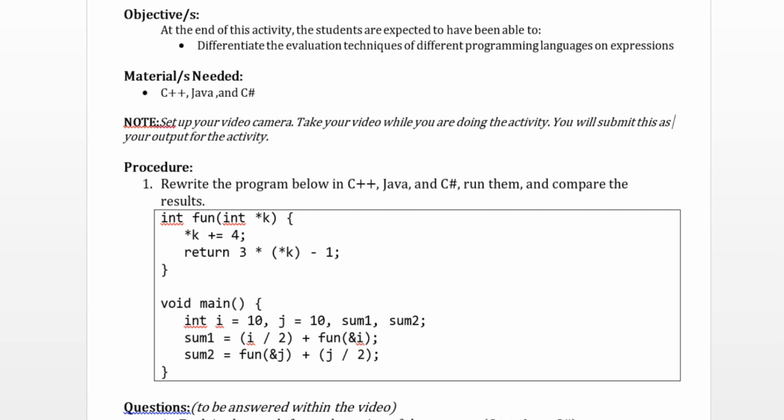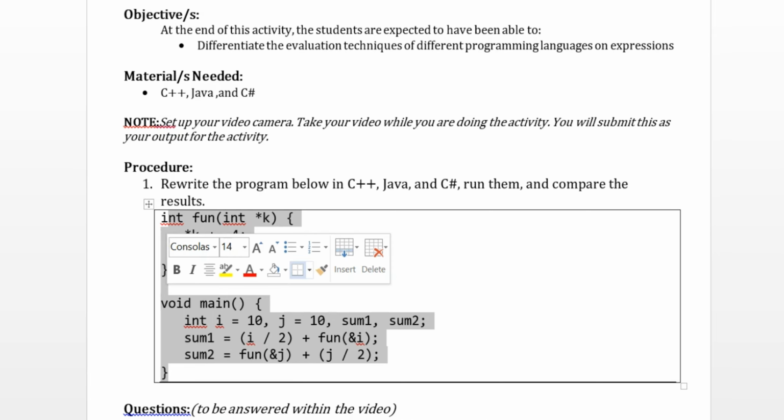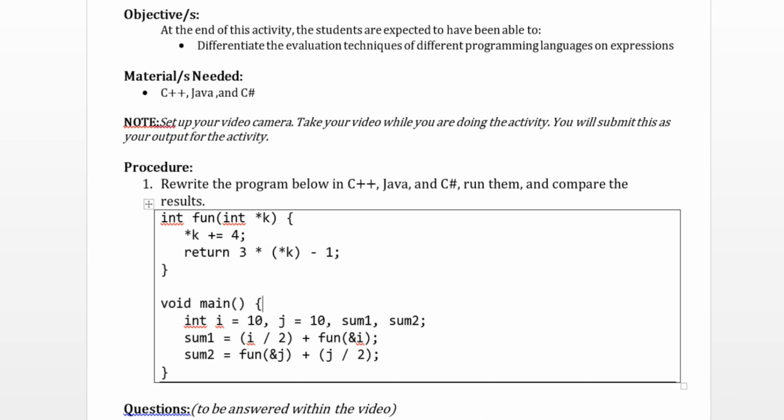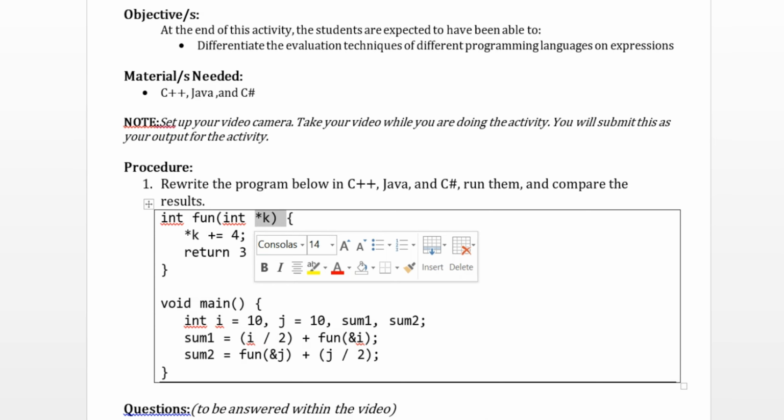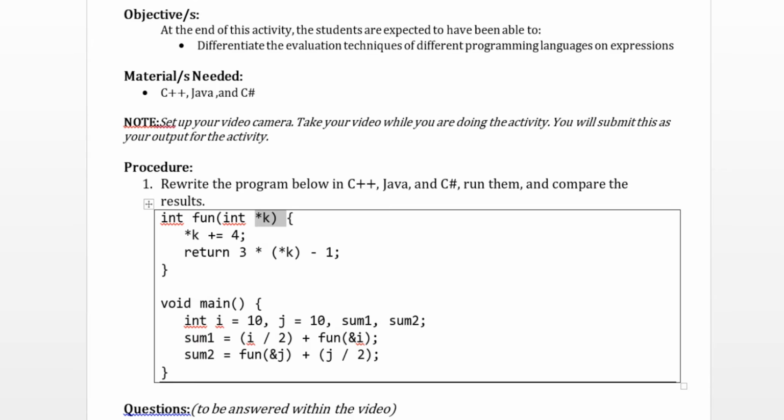So as you can see, the original language of this code is C. We can tell this because the program uses pointers such as *k, and it passes variables using memory addresses with the ampersand symbol.